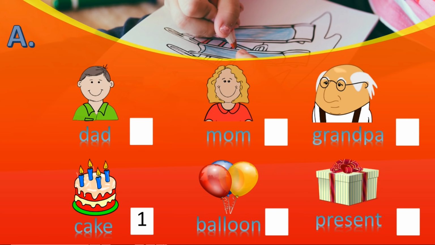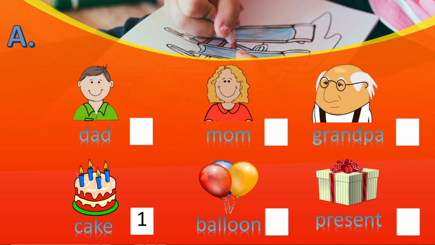Lesson 2. Who is he? Track 6. Word Chest. Page 18. A. Listen and number. Number 1. Cake. It's a cake. Number 2. Dad. He's my dad.